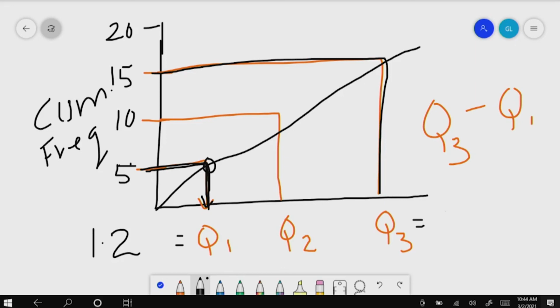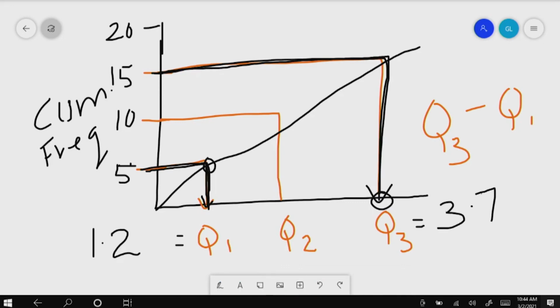Our Q3 value from 15, we come to the curve and we bring down that value, we read off this value here at Q3. This would have given us a value of 3.7.